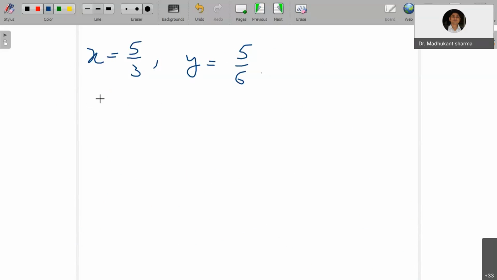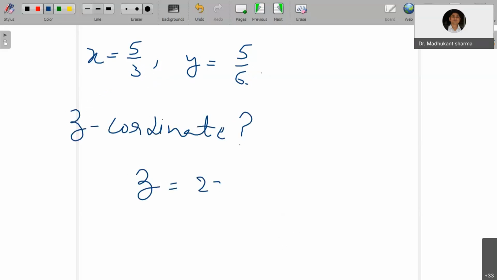So how will you obtain the z coordinate? Because you have obtained the two coordinates, x equals 5 by 3 and y equals 5 by 6, and you know that z equals 2x plus y minus 5 should satisfy the equation. So z equals 2 times 5 by 3 plus 5 by 6 minus 5.